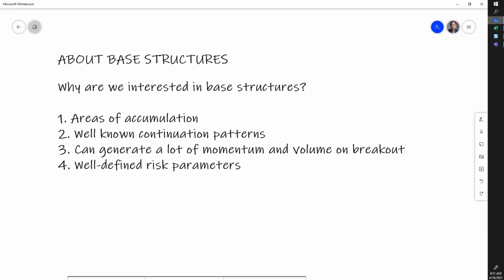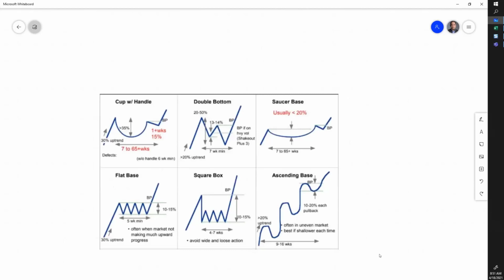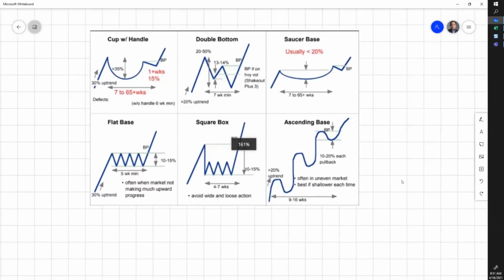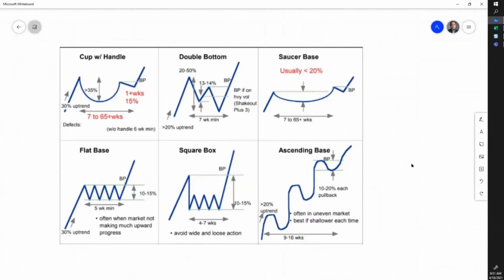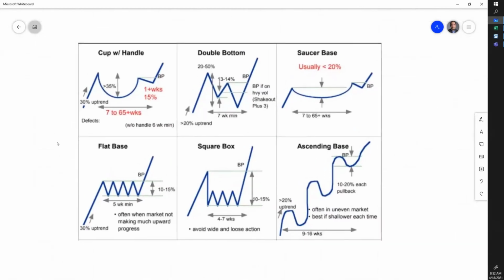Kaya natin sila gusto. So let's try to review yung mga concepts na meron na dun sa cheat sheet, di ba? So first one, the most popular one is, of course, yung cup with handle. So the cup with handle, may uptrend ka, generally 30%, and then it consolidates.